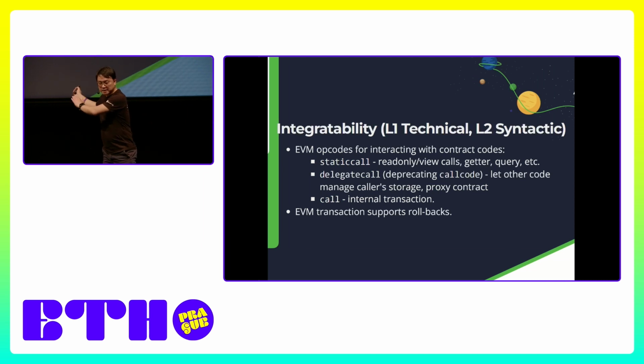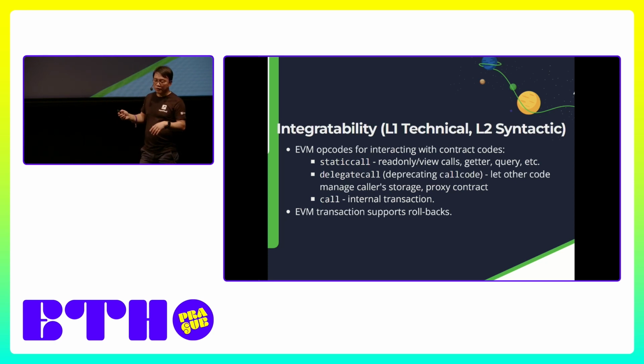Let's map that to the Ethereum world. What does it mean? The layer 1 technical and layer 2 syntactical integratability reflect these instruments we use from the EVM, right? There are EVM opcodes for interacting with Ethereum contracts. You have a static call for read-only view calls. You have a delegate call for letting other code manage the caller's storage.